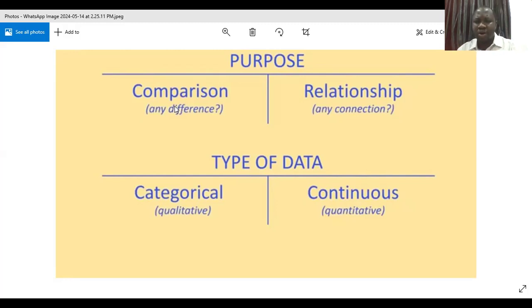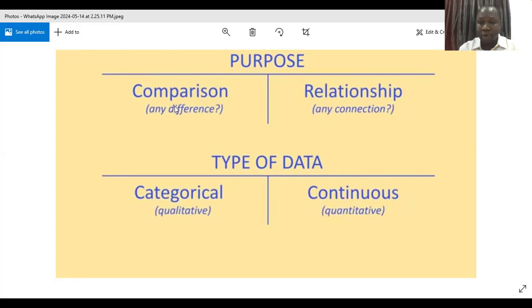So you have to know what you are actually doing. Are you doing comparison or relationship? Under comparison, that's where we have significant difference. Under relationship, we have significant relationship. If you are doing relationship, then you are measuring the effect of something against something, like the effect of COVID-19 on the Nigerian economy.